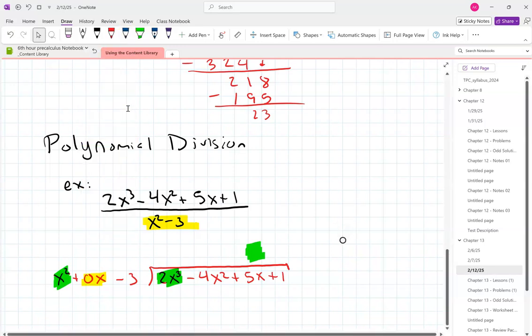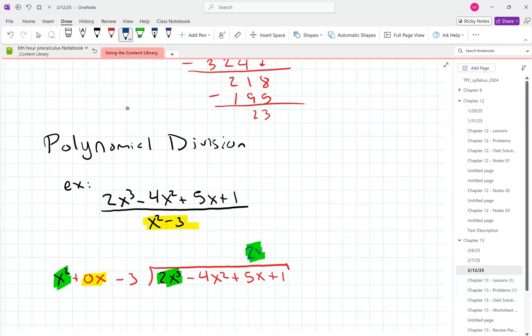So what times x squared gives me 2x cubed? 2x. Everybody feel good about that? And all I care about initially are those leading terms. So I don't care about anything else. Everything else is just kind of along for the ride.